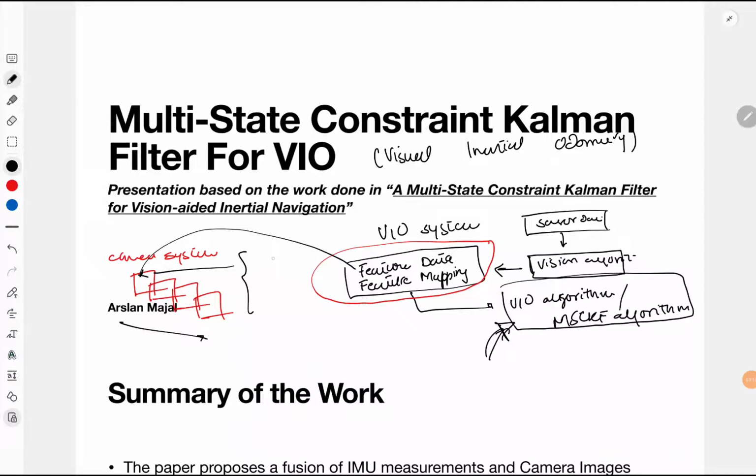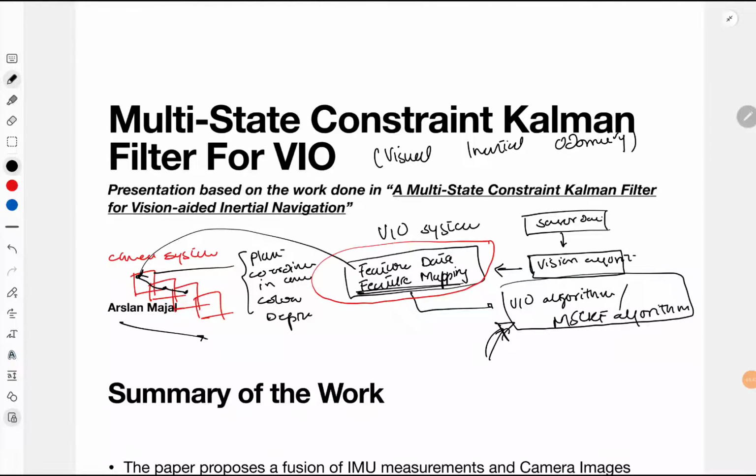For example, you would detect a plant, and it would give you the coordinates in the camera frame, maybe the color, maybe the depth. And what feature mapping does is recognize that same landmark from this frame to a subsequent frame, and then from this frame to another subsequent frame.